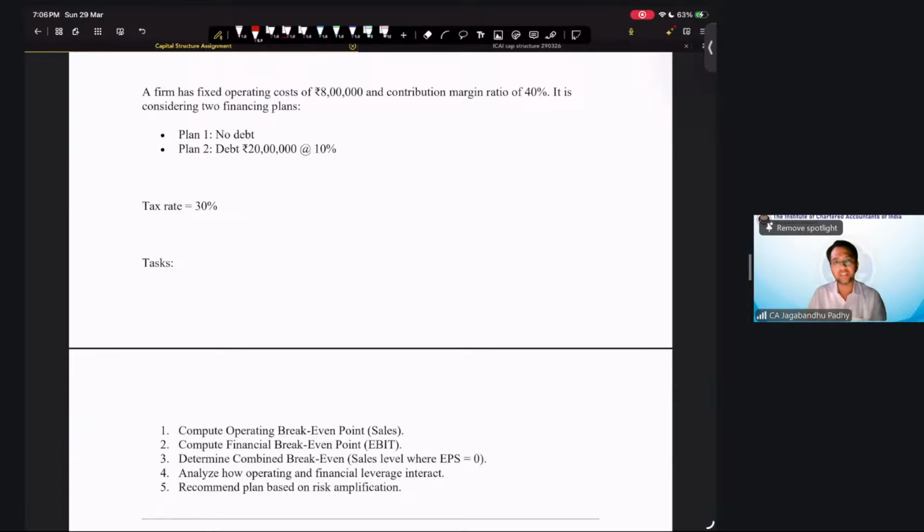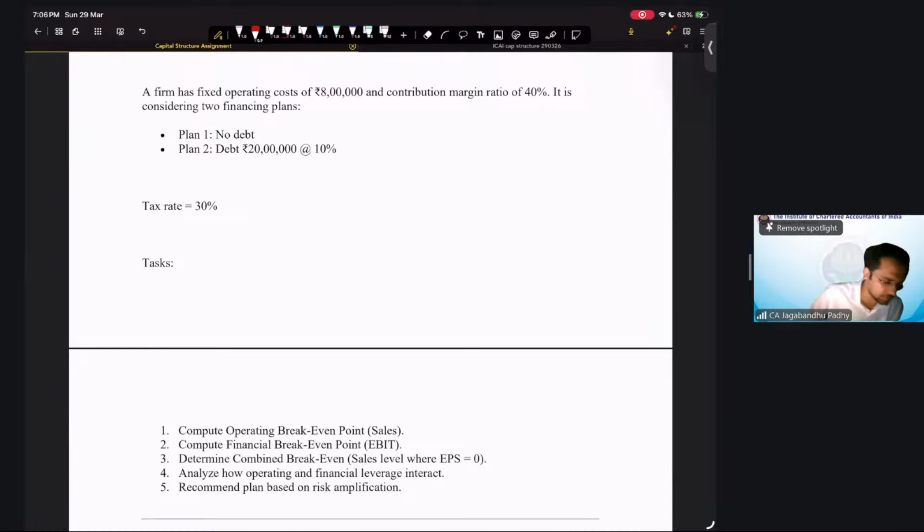Asta is asking, sir, when we have three financial plans to find indifference, if there is no indifference between them, then only we see which financial plan dominates another based on the financial break-even and EPS. True, Asta, you can say that.